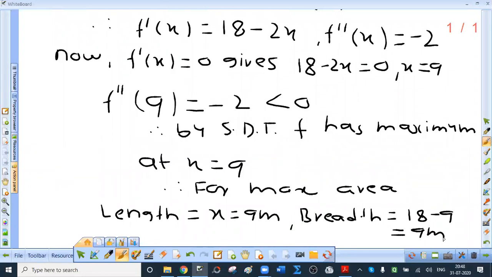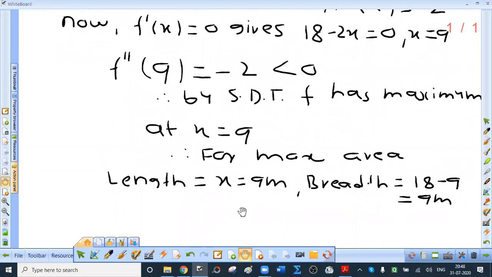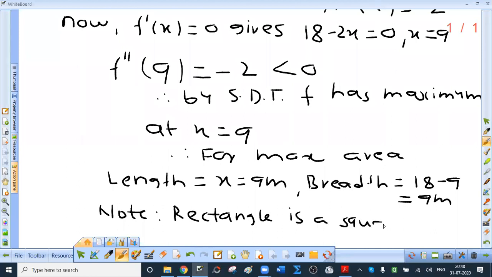So for maximum area, rectangle should be square. Write down.